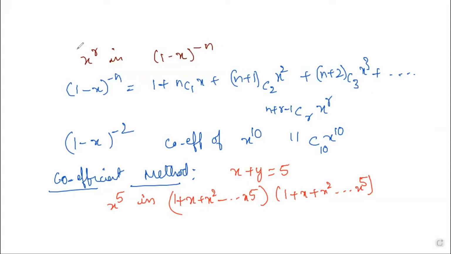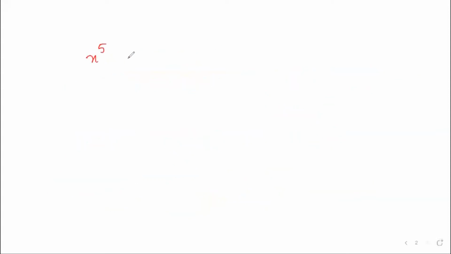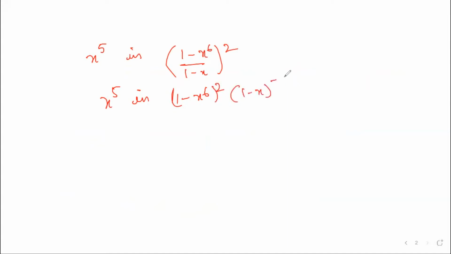So we will write the x^5 coefficient in ((1 - x^6)/(1 - x))^2. So x^5 in (1 - x^6)^2 into (1 - x)^(-2). Since x^6 is higher than x^5, we can neglect it and take only 1.